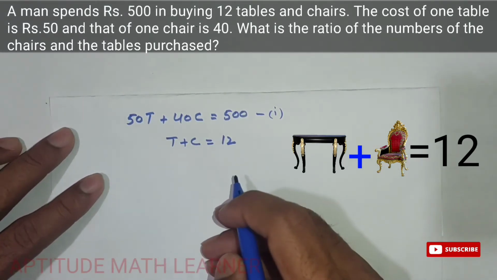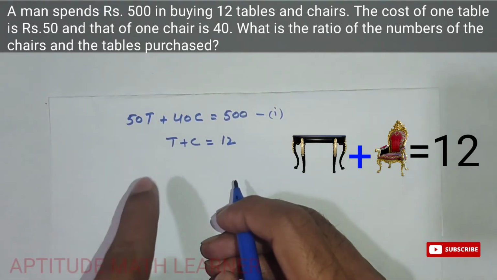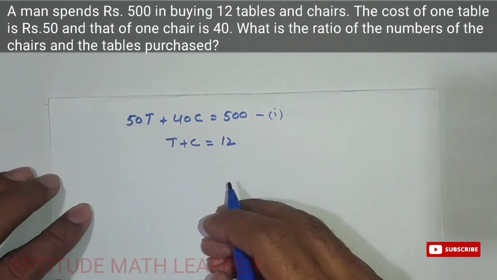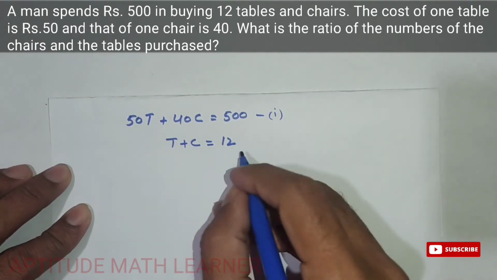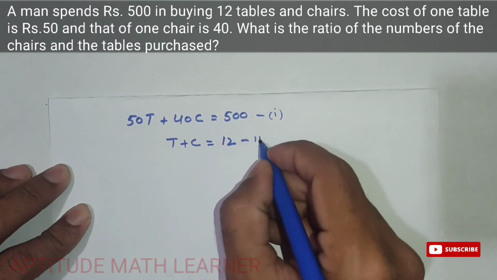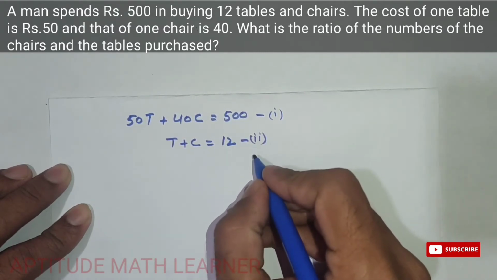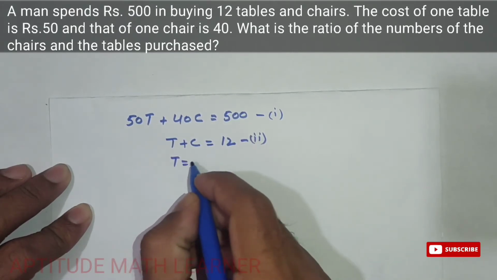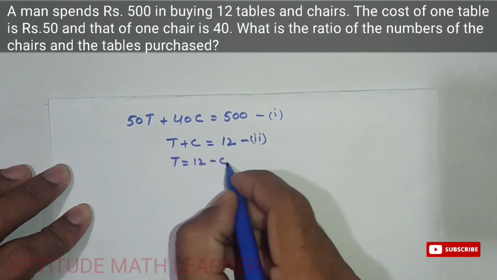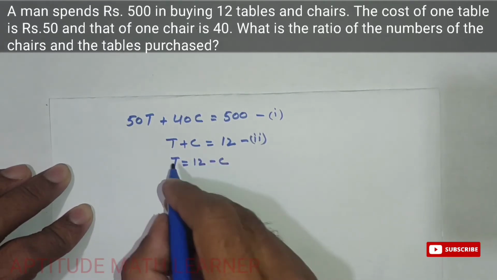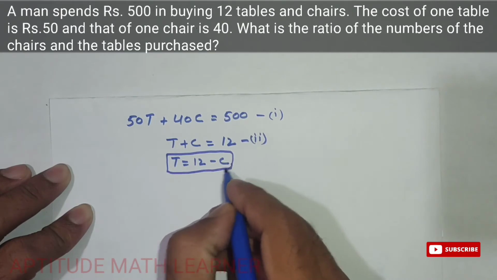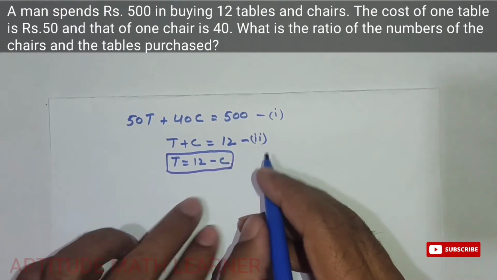So we first find the number of tables plus the number of chairs. This is equation number 2. Then T is equal to 12 minus C. This is what we have to put in equation number 1.